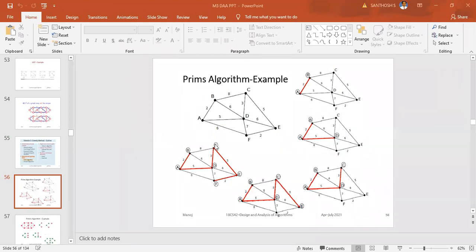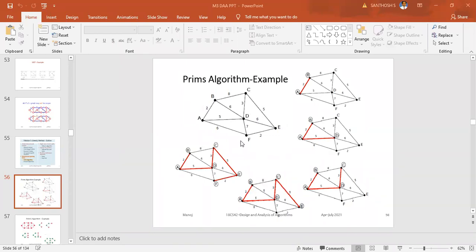Okay, so this is the path you have taken. This is the diagram. You have to find the shortest path from source node to destination node. From the given diagram, can you tell which is the source node and which is the destination node? The given graph is this one.